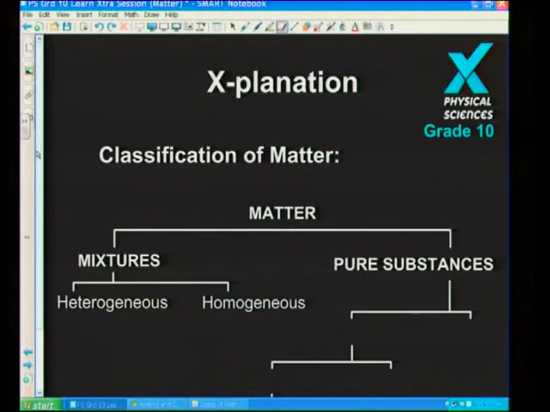Recognizing that these ones aren't pure substances, what categories can we get here? Well, the first category, which is very important, is compounds. Compounds we'll have more to say about in a little while, but the one that I want to deal with as well is elements. So there are two forms, elements and compounds.